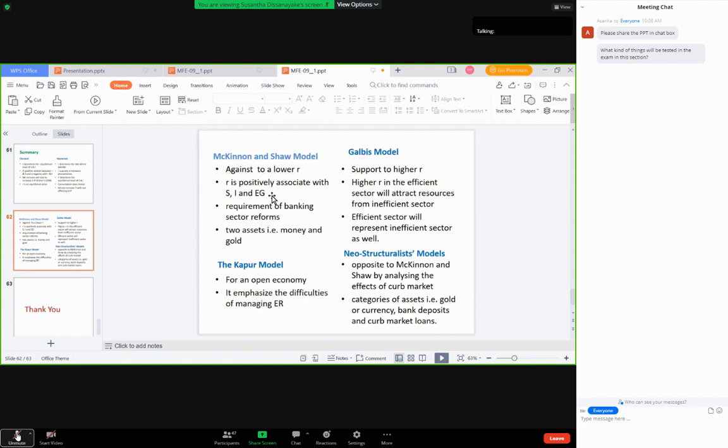Simply we can say the monetary and fiscal linking needs to be there. That means not only the central bank, the government's support is also needed.